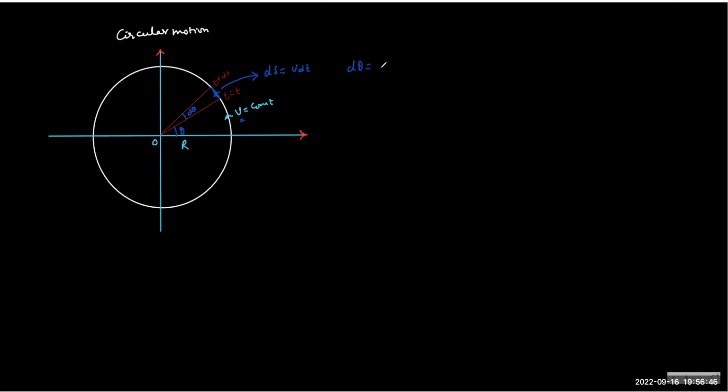Arc length upon radius, isn't it? The arc length is v dt, upon r. So what is d theta by dt here? V by r, yes or no? Yes, sir.